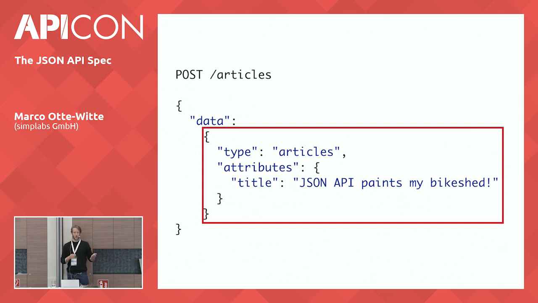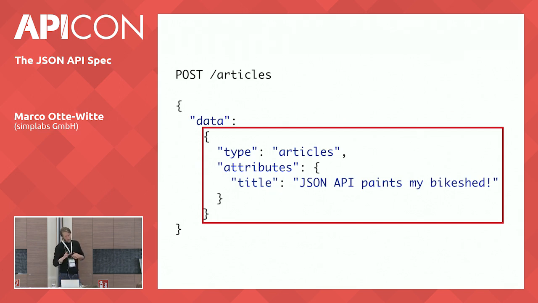You can use client-generated IDs with JSON API as well, but in most cases you would probably not want to do that. If you have a web front end, like an Ember front end, for example, you would not want to use client-generated IDs because there's no benefit really. But you can. So leaving out the ID is only allowed when creating a record, but it's not required to leave it out. So you could send one.